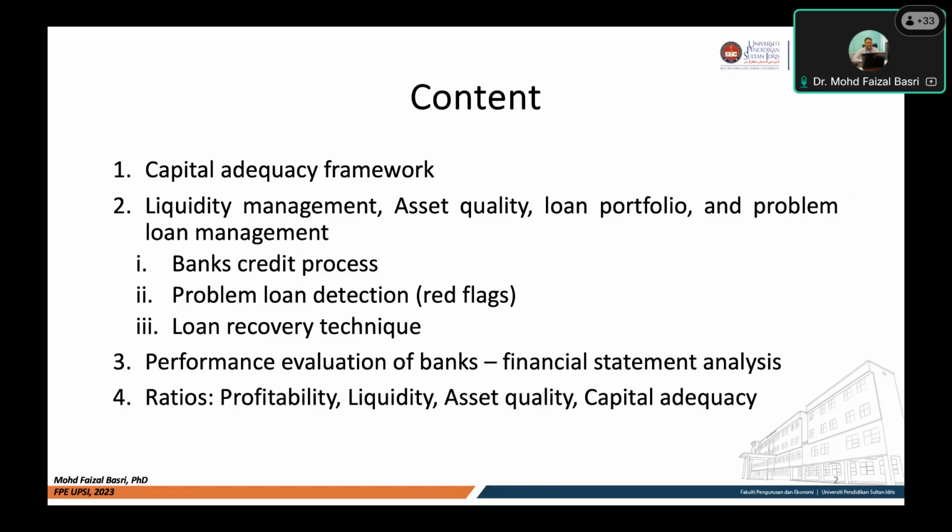We will go through the credit process, how the bank's credit activities are conducted, step by step. Then problem loan detection with regards to red flags, and if the bank has problems with collections, they need to do some recovery. We will discuss a few recovery techniques.